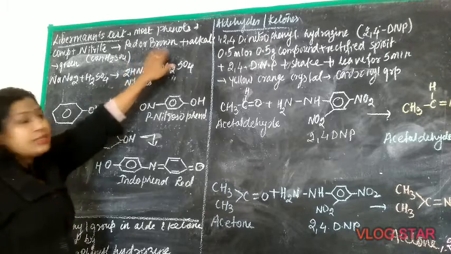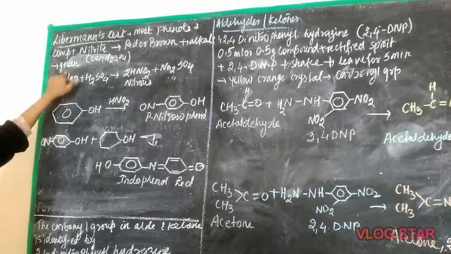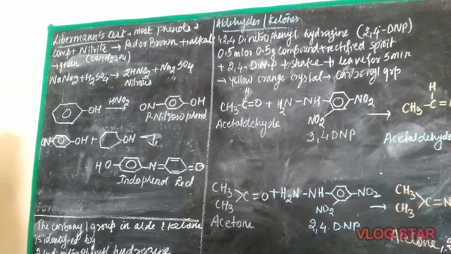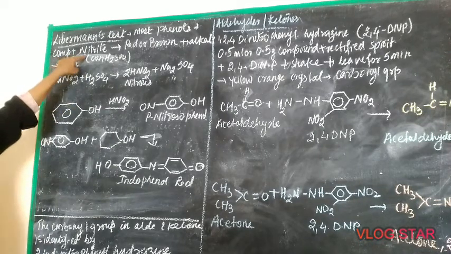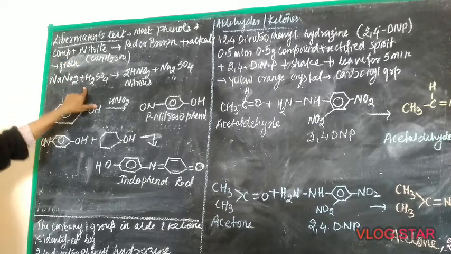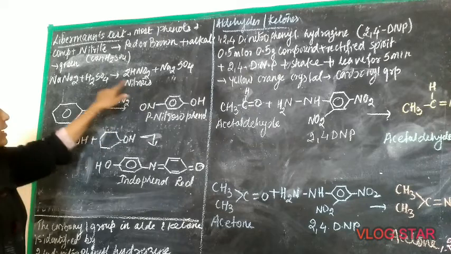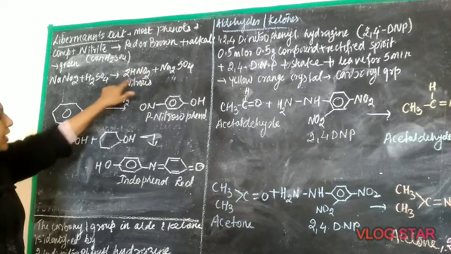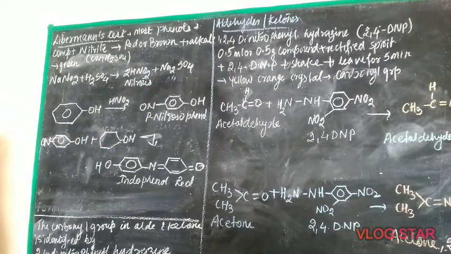And with alkali, this red-brown color gives a green color. We'll see the reaction. This is NaNO2, nitrite, plus concentrated sulfuric acid. It gives nitrous acid, HNO2, and Na2SO4 is formed.